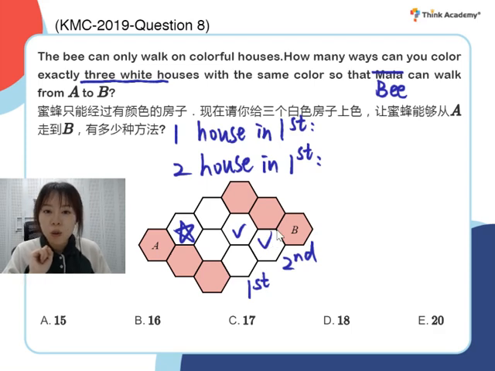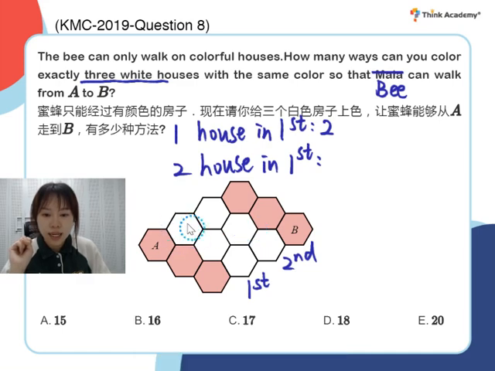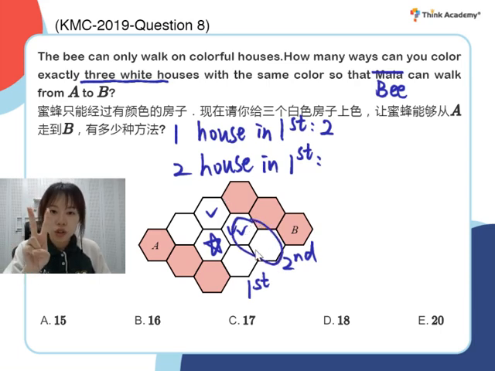Is it possible? No, because this house isn't connected with these two, so the bee can't fly to it. So only two situations for this house. If I color this one, how many situations? This two, that's okay. And what about this two? Yeah, it's also okay. So already two situations.